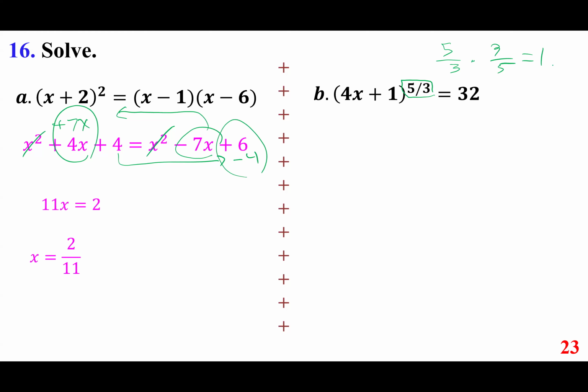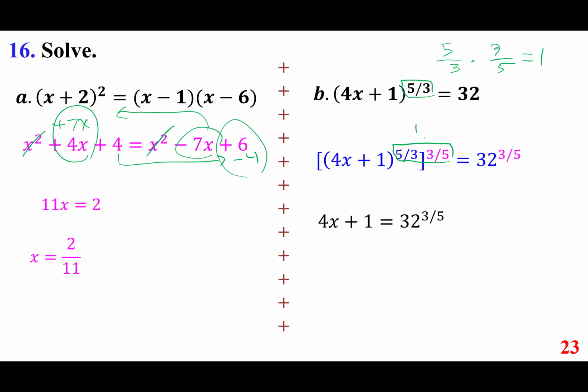So if you raise both sides to the power of 3/5, what happens is that by the power rule, this is 1. And so the left side is 4x plus 1. What is the right side?